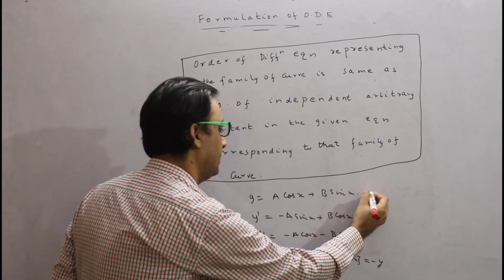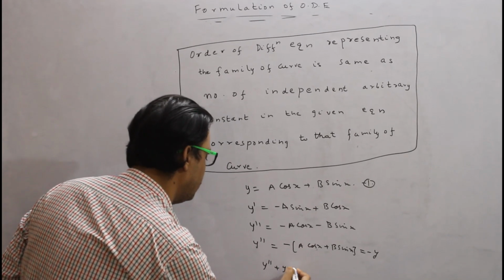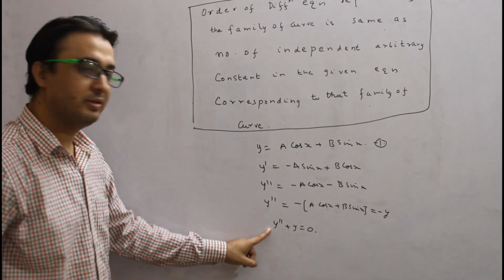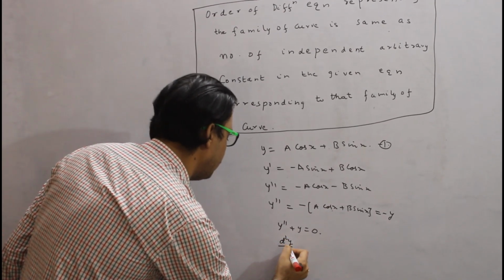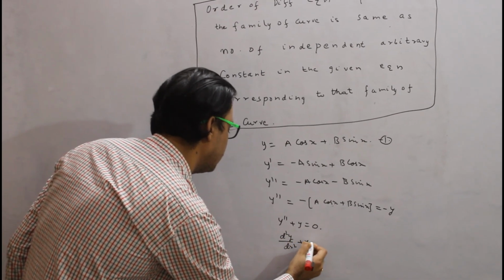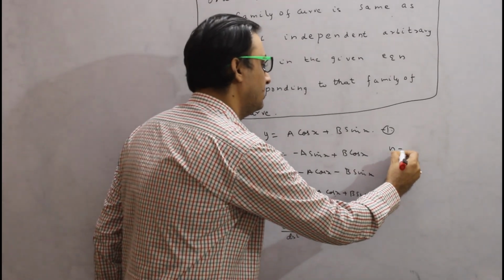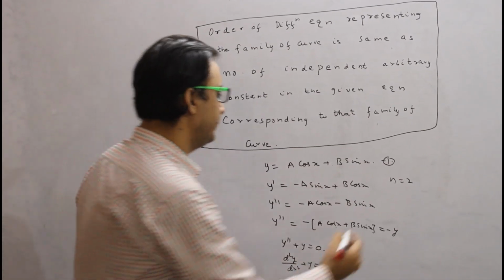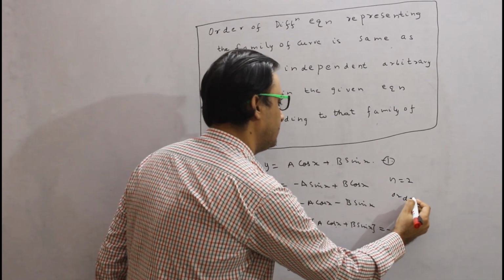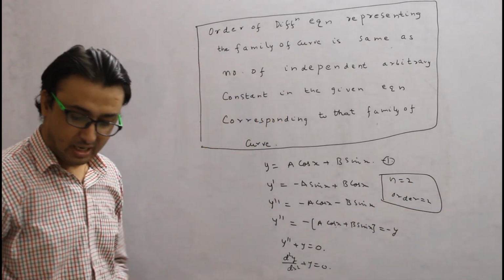So we have proved our argument that the order of this differential equation is 2. That is d square y by dx square plus y is equal to 0. So we had how many? 2 arbitrary constants here, and the order is also 2. So we have very easily demonstrated our claim.